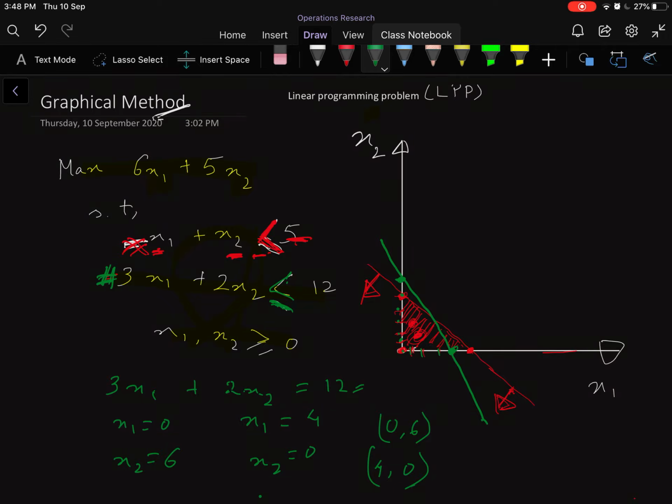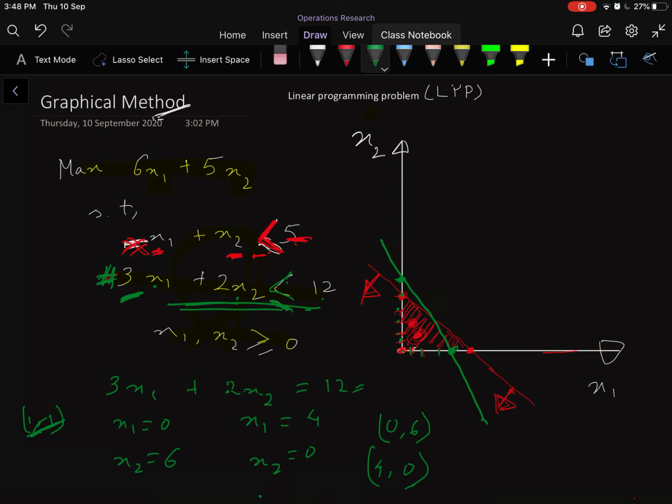See, let's just choose any point which is simple to calculate. Let's consider 1,1. See, if we put x1 equal to 1 and x2 equal to 1, then this one becomes 3 plus 2. So 3 plus 2 is equal to 5, and 5 is less than 12. Okay, so this 1,1 point satisfies this particular condition.